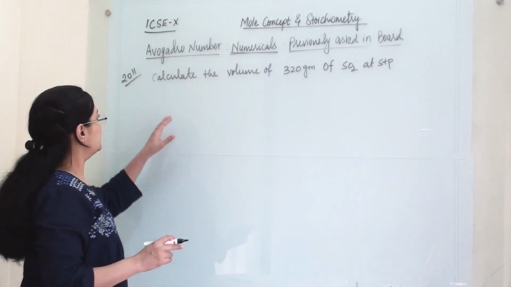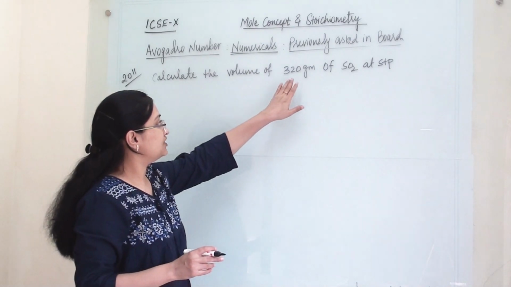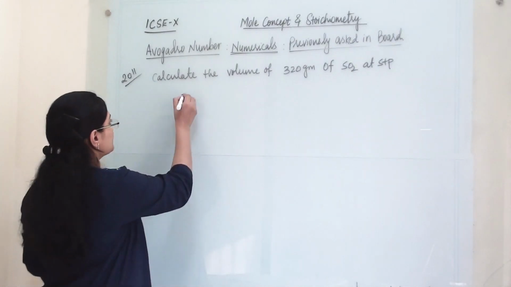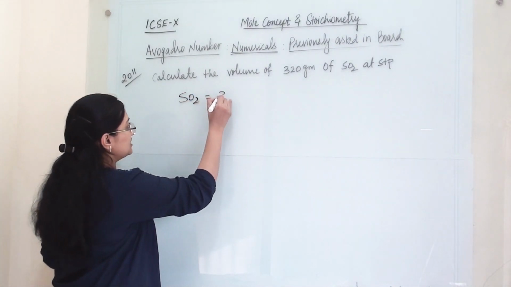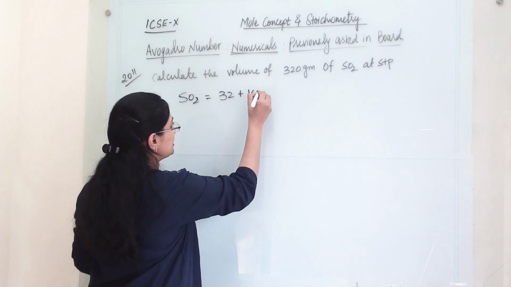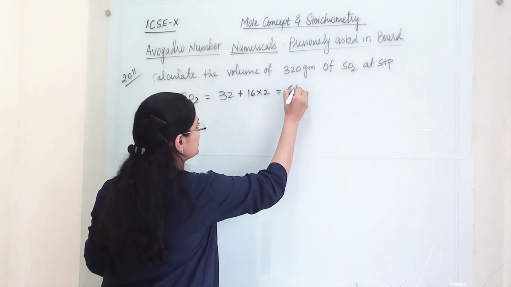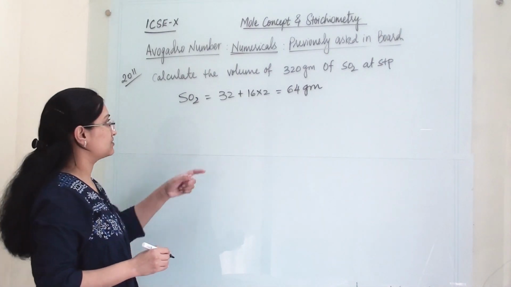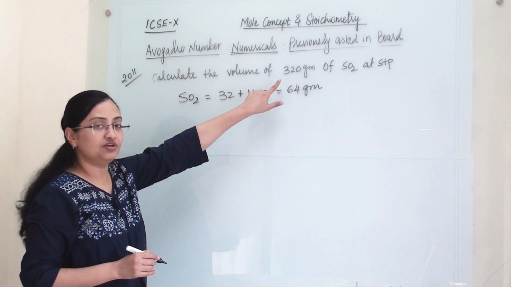Now next numerical, calculate the volume of 320 gram of sulfur dioxide. So first we have to find out the molecular weight of sulfur dioxide. So it is 32 plus 16 into 2. So it is 64 gram molecular weight of sulfur dioxide. Now we know the weight.